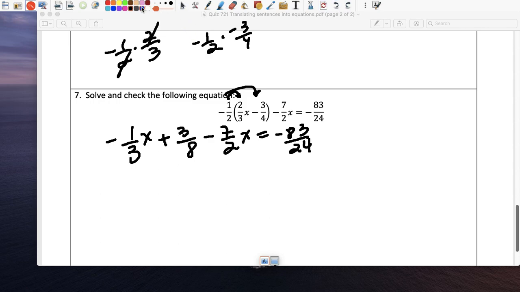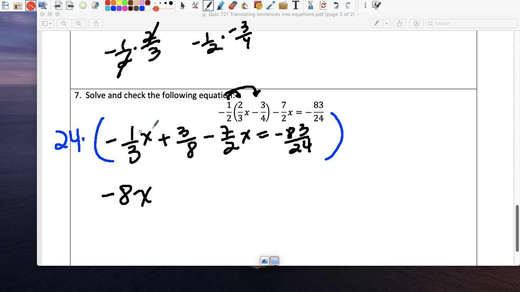So if I don't have a calculator, I'm going to find the LCM of 3, 8, 2, and 24, which is 24. I'm going to multiply everybody here by 24. 24 times a third, 24 times 3/8, 24 times 7/2, and 24 times 83/24. And that's going to get rid of all the denominators for me. So 24 times 1/3 is negative 8x.